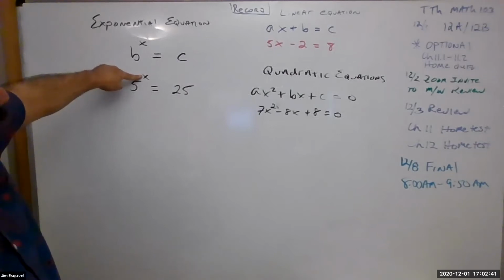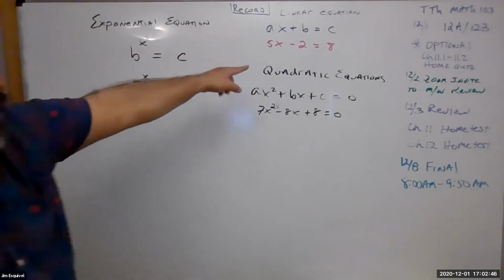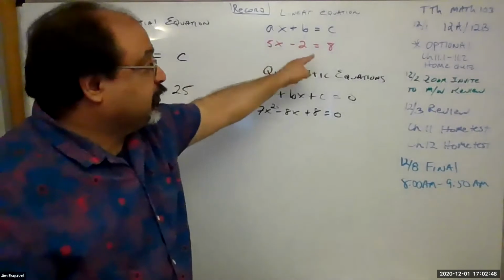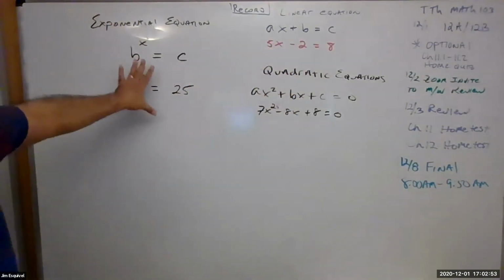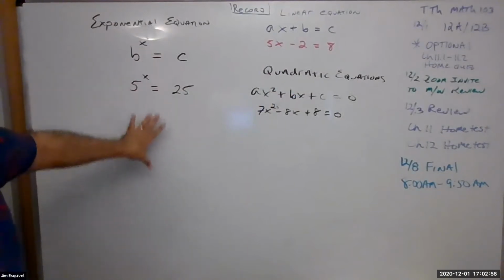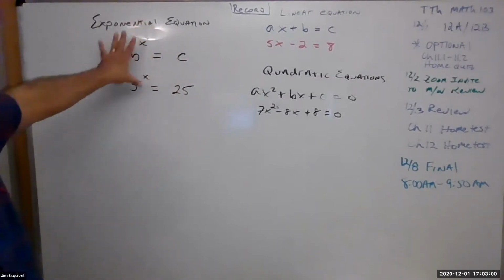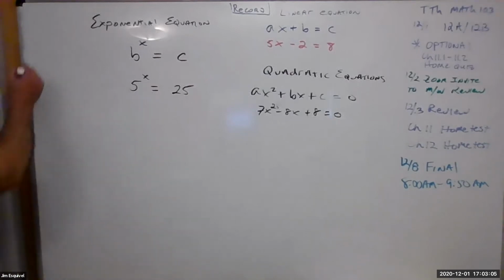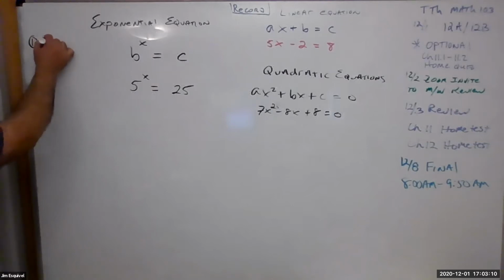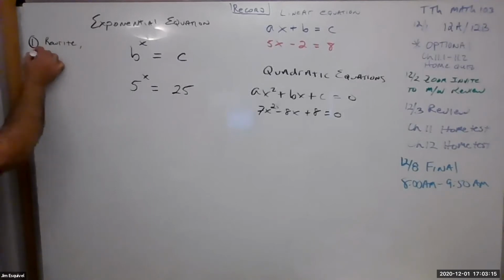So this has a completely different method for solving. You can't just isolate and get x by itself, add 2 and divide by 5. There is no simple, nice quadratic formula over here. What you have to do to solve an exponential equation is step 1, rewrite, and this is only if possible.